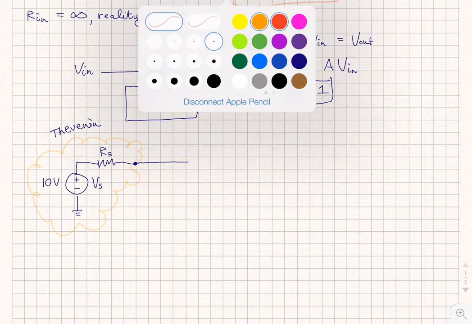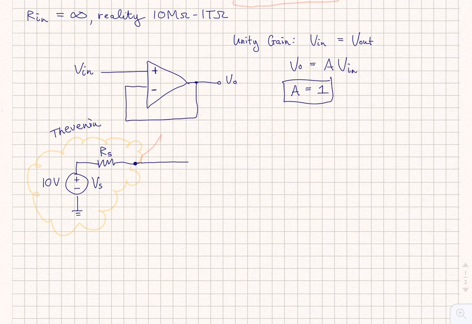So we got another stage right here. Let's make this cloud red. Alright, and in this stage we have some output that we want to measure, and we also have some resistance, and we'll call this guy RL.